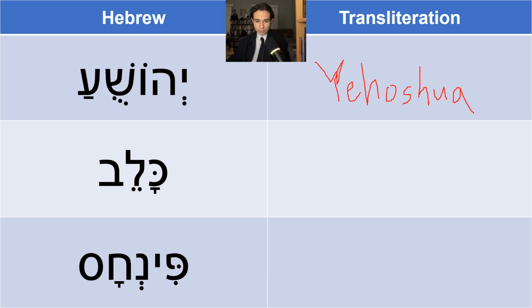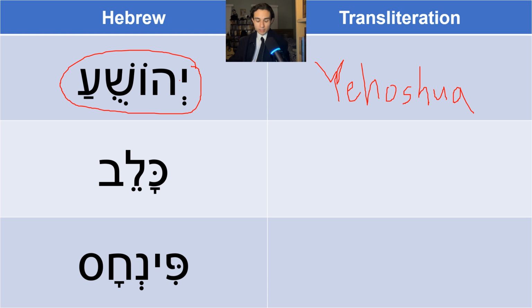So in this name alone, first off, we know it means God is my salvation. We have the Yud and the Hey, which is half of the Tetragrammaton. Actually, it even continues into three, so this name contains three out of the four letters in God's name.